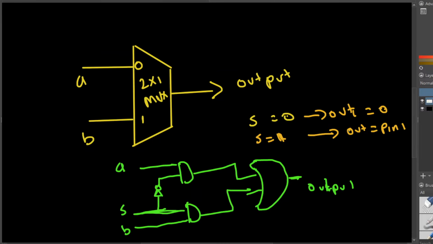Okay. So what does it say? In other terms, if you want to write it, when S is equal to 0, the output will be whatever the value we have in pin A. Okay. And when S is equal to 1, the output is whatever the value we have in pin B.